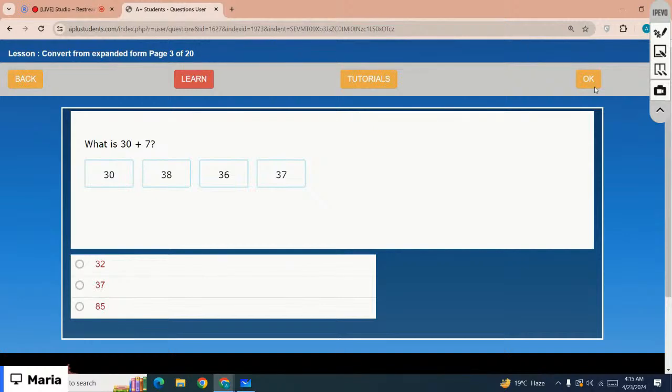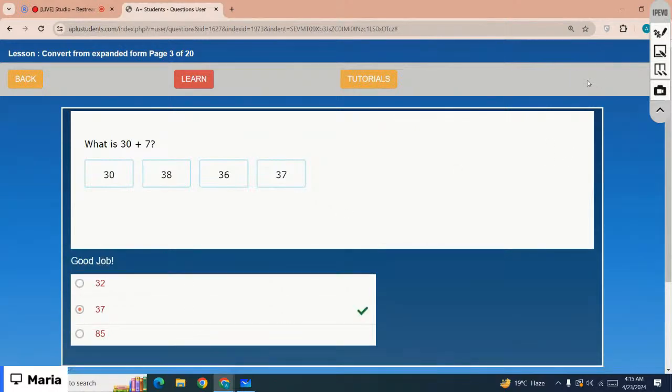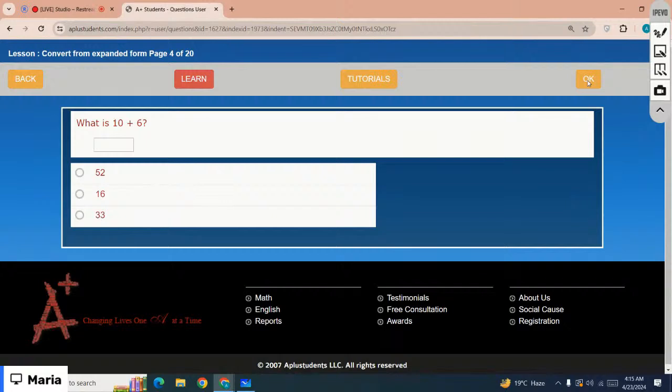The correct option is, yes, 37 it is. Option number 2. Why do you write answers more than once? Just write the answer once. What is 10 plus 6? Which is the correct option?